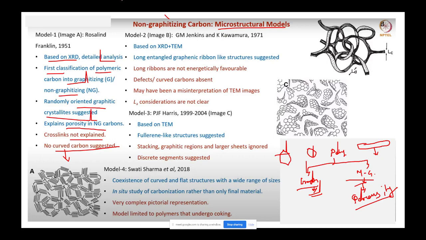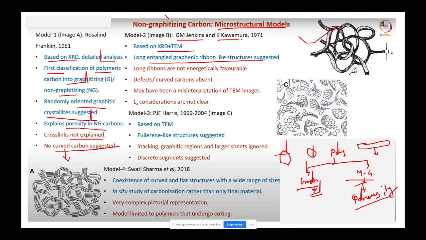Then model 2 came, in image B. You can see here, this was given by J.M. Jenkins and K. Kawamura in 1971, based on XRD and TEM: a long entangled graphenic ribbon-like structure. Here you can see it is more tangled, more like a non-graphitic thing, not arranged.